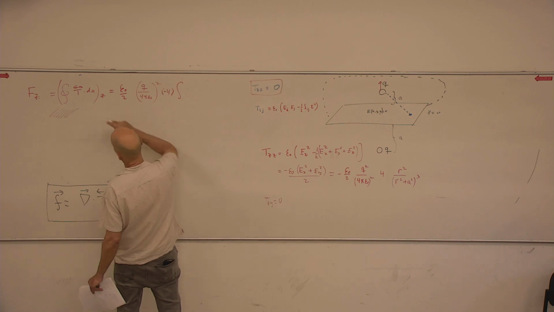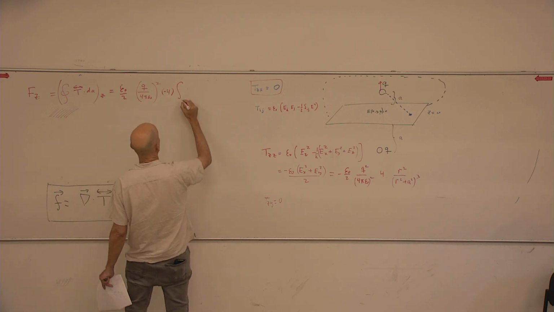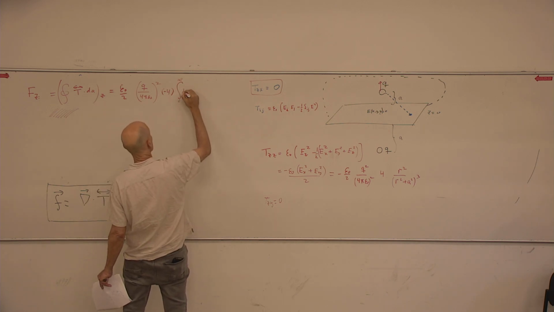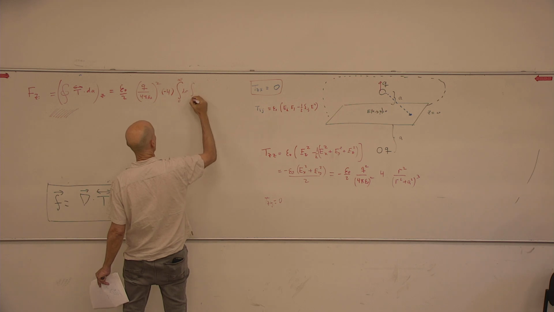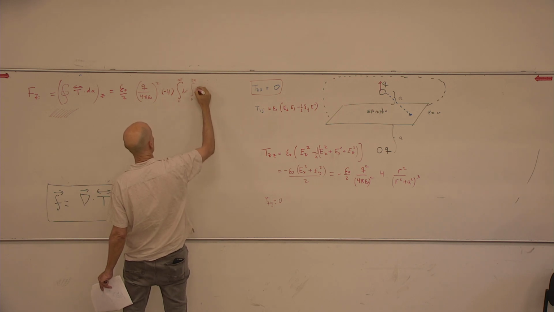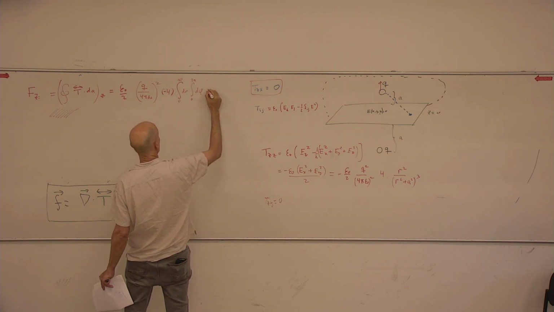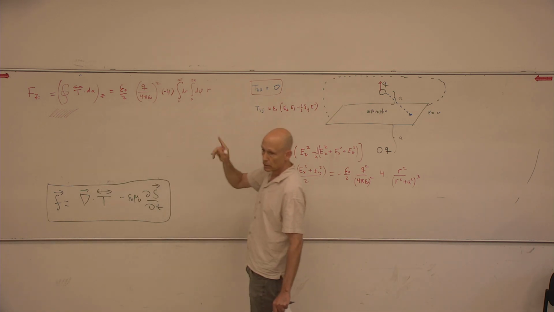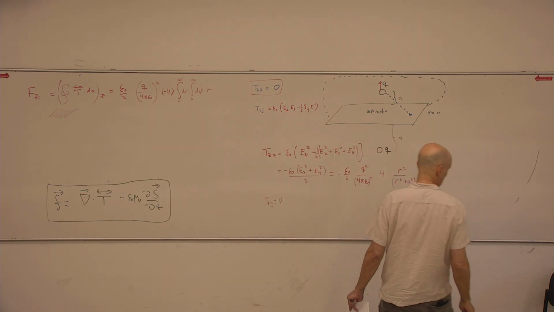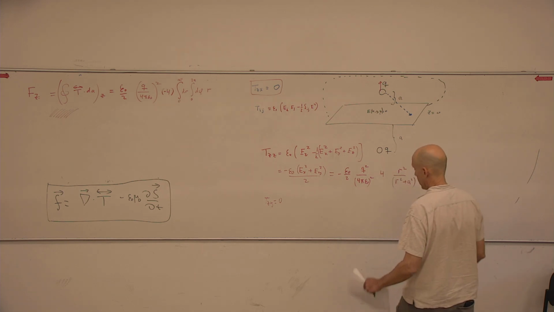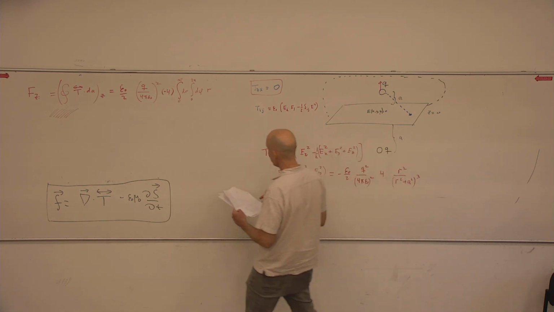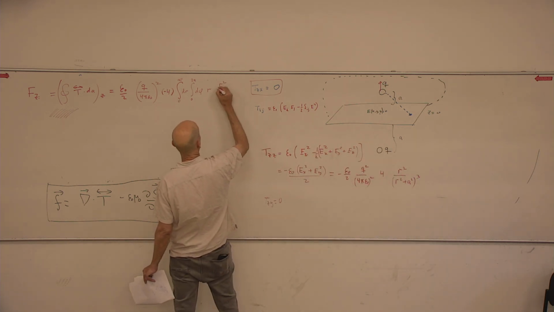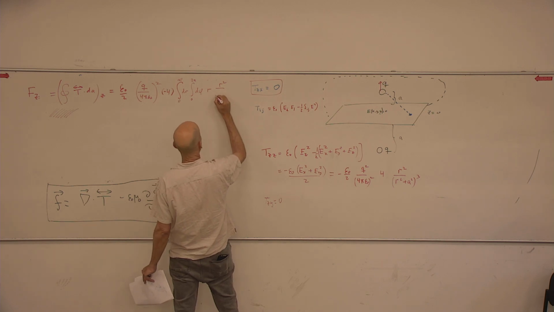This is the dA, this dAz. Integral from 0 to infinity dr. Integral from 0 to 2 pi d phi, and in the integration I have 1 r, because dr r dphi is the volume element, and then I need to copy the rest, which is r squared over r squared plus a squared to the power 3.